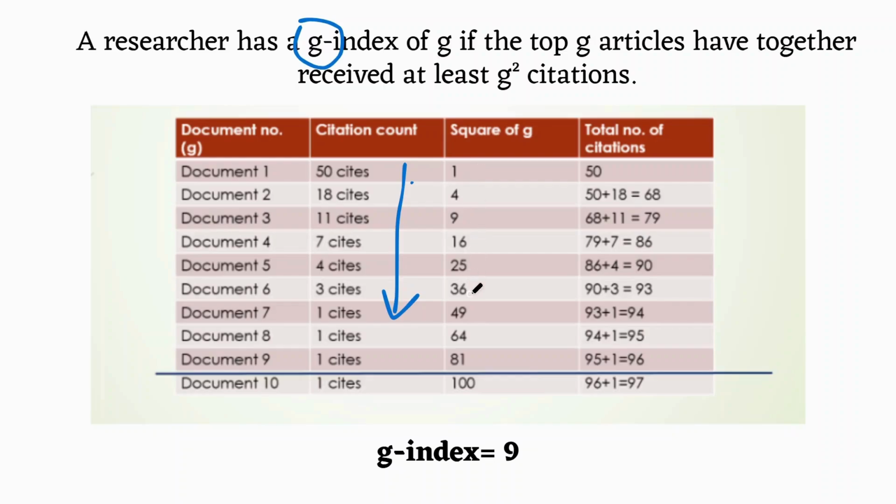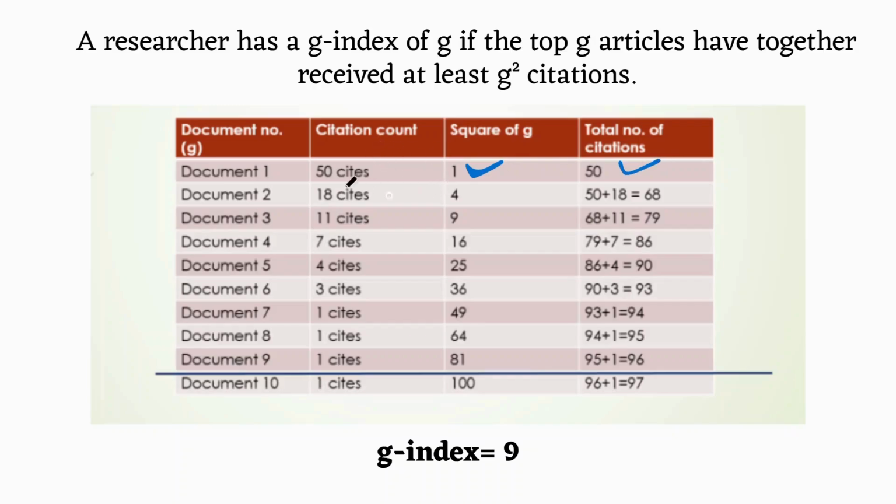Accordingly, you have to write here. Then your fourth column will be cumulative citations. So your definition says the G index will be G if top G articles have together received at least G square. So your G index is 1 if your top citations are at least 1 square.